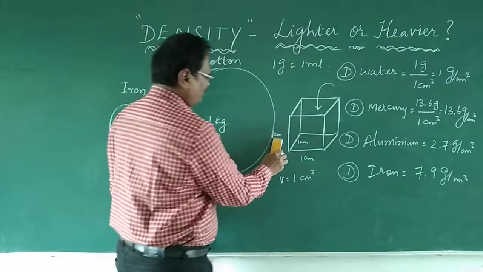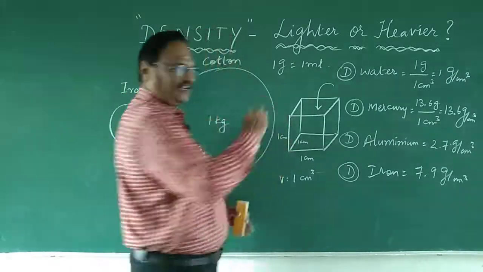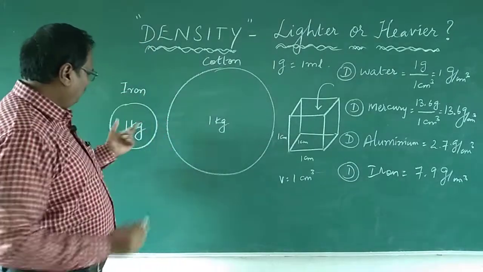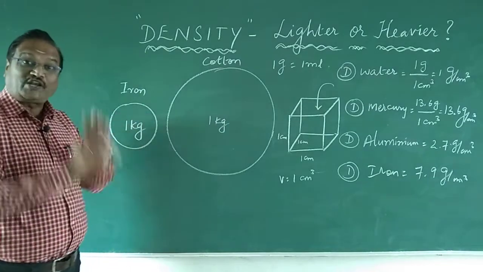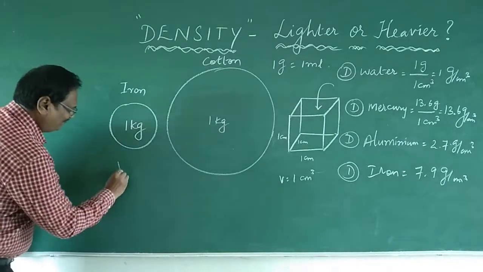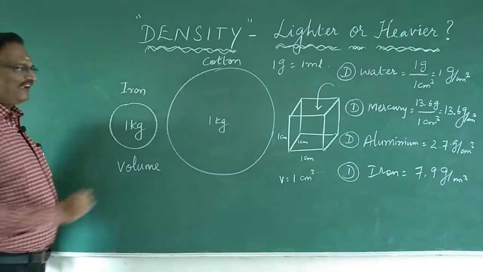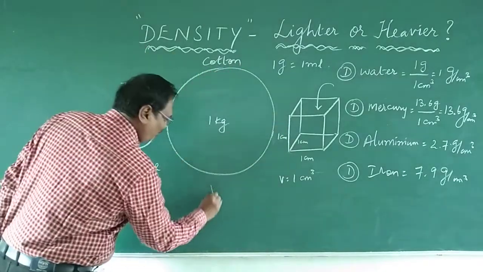Yes, dear students, carefully watch this particular concept, then you will understand the concept of density better. See, 1 kilogram of iron is small. What is less? Volume. It is having less volume. And what about cotton? Large volume.